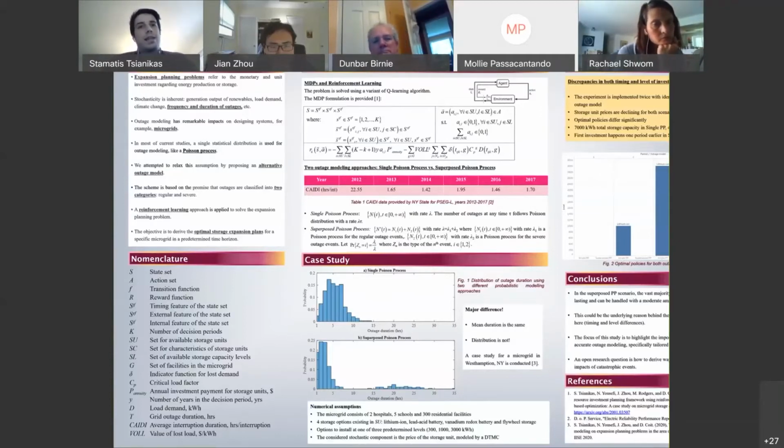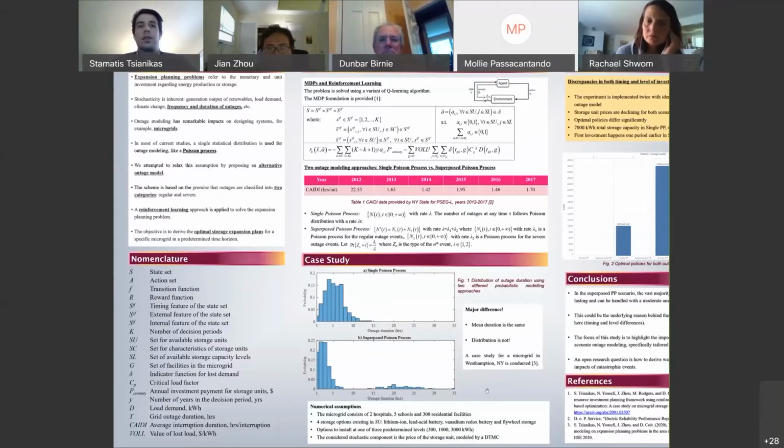In our case study, if we check Figure 1, we will see how these two alternative schemes change the distribution of the outages. What we're seeing here is the probability that a specific outage will have a corresponding duration in hours. As you will see, in Figure 1a, most of the outages have a mean around 5, and the variance is equally distributed around 5.